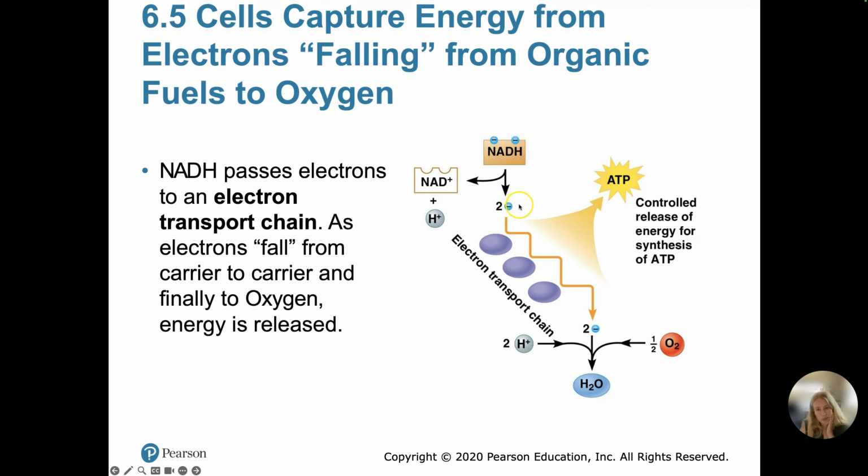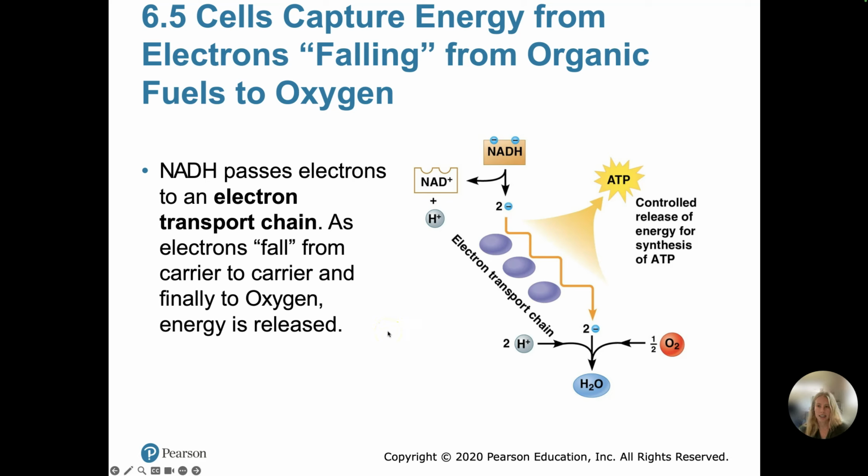The 2 electrons have been dropped off at this electron transport chain, and these electrons are going to fall from carrier to carrier. The carriers are these purple carrier proteins here. The final electron acceptor is oxygen, just a single oxygen atom, not an oxygen molecule, which is why it's denoted as 1/2 O2. That just means 1 O, or 1/2 O2.